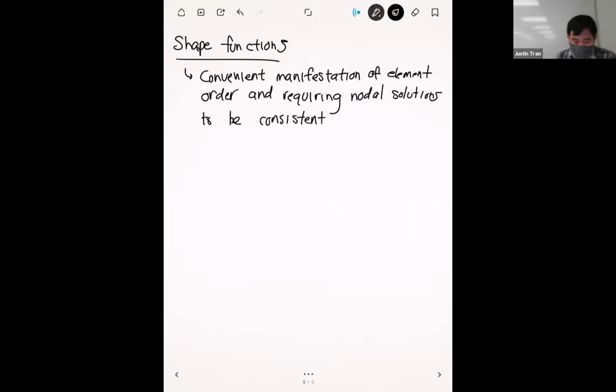Okay. Because what shape functions do is that it allows you to formulate the approximating function in terms of the nodal values.